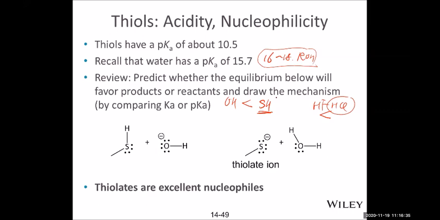If you are to predict what will happen between these two, this reaction should be reversible. But which way does it lean? That depends on which one is more acidic. So go back to chapter 3. We introduced the rule for how we predict whether acid-base proton transfer reactions lean toward the reactant or product. It depends on which acid is stronger.